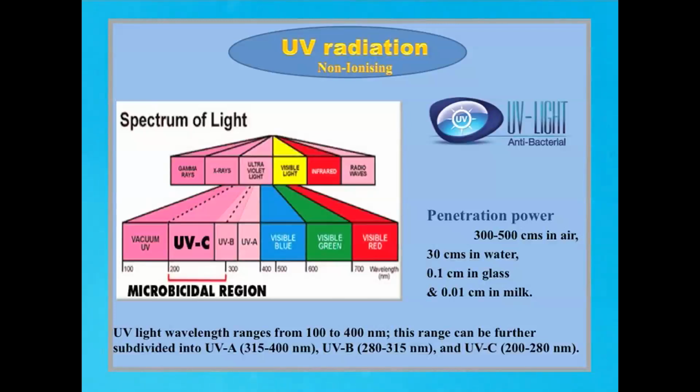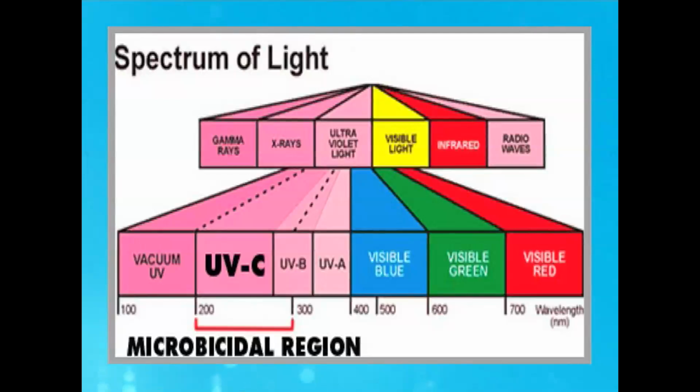If I consider the spectrum of light, the UV wavelength ranges from 100 to 400 nanometers. This is further divided into UVA, which is in the range of 315 to 400 nanometers, UVB, which is in the range of 280 to 315 nanometers, UVC, which is in the range of 200 to 280 nanometers, and then we have vacuum UV, which is in the range of 100 to 200 nanometers.